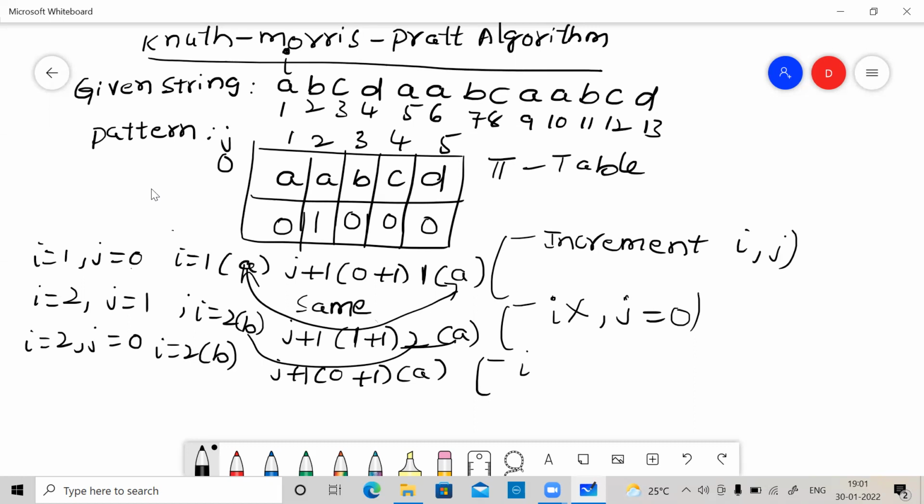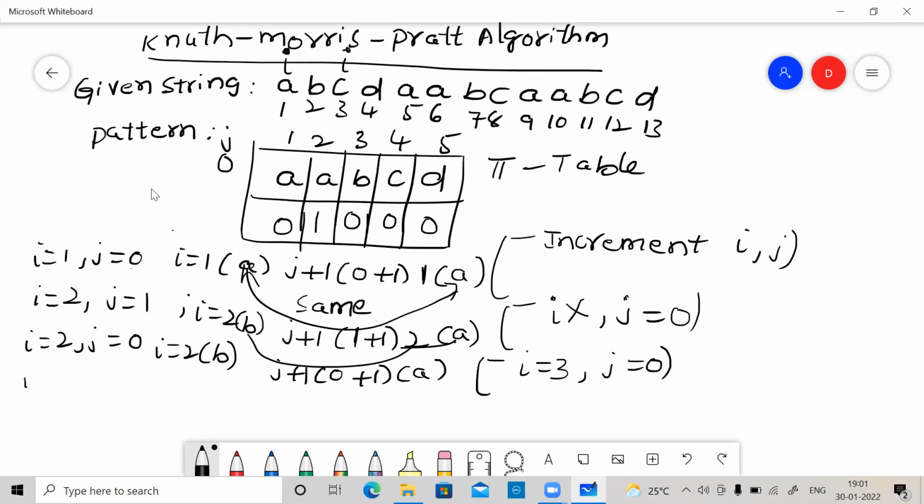So now you have to increment i. i was 2, now i is equal to 3. Now i points to this, and j will remain the same, j equal to 0.